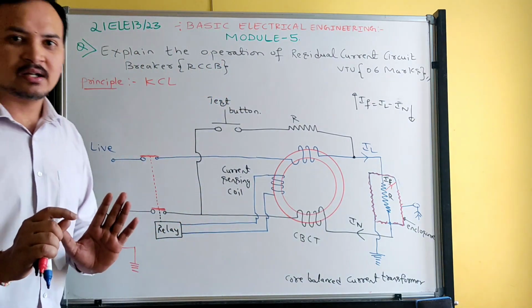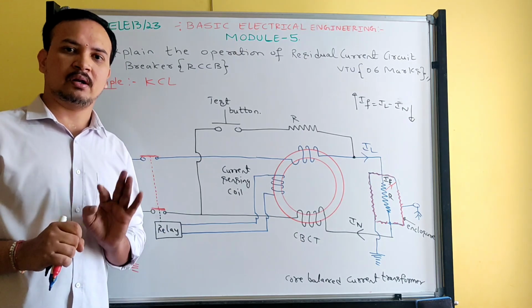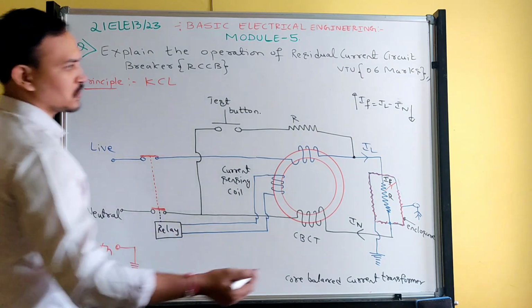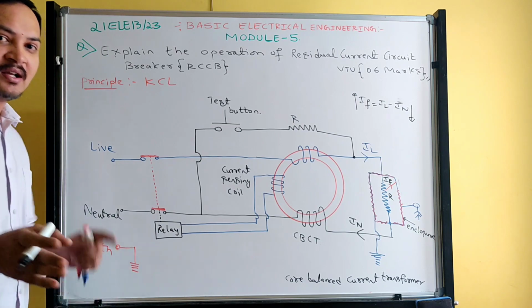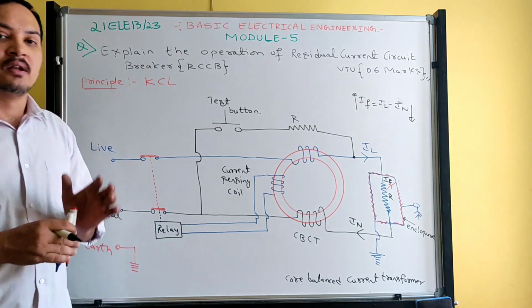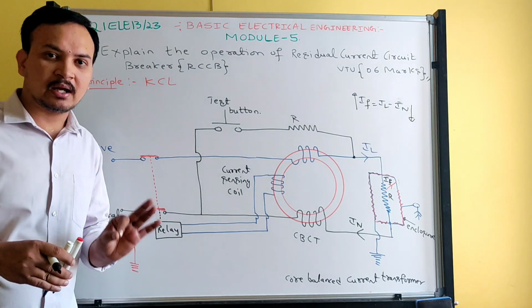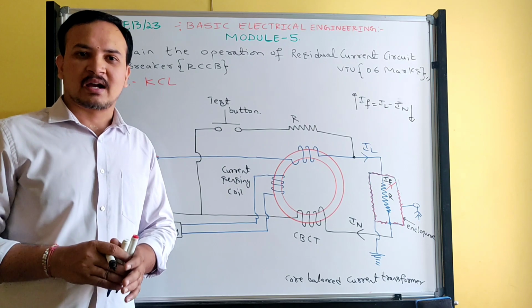The residual current is also called leakage current. Otherwise, you can tell it is also called fault current. And residual current is nothing but the difference between the neutral current and the live current. Current in live wire and current in neutral wire, that difference is also called residual current.